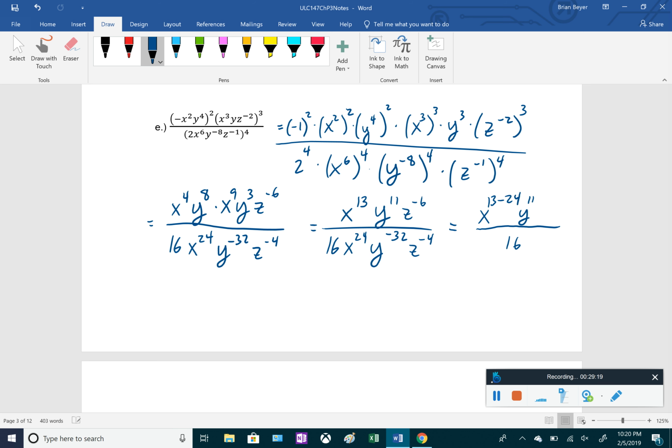Y raised up to the 11 minus a negative 32. Let me erase this so I have more room. Okay, y to the 11 minus a negative 32. And then that z term is z to the negative 6 minus a negative 4. So super messy and kind of ran out of room. So let's simplify this.